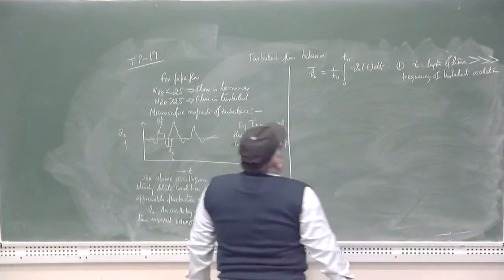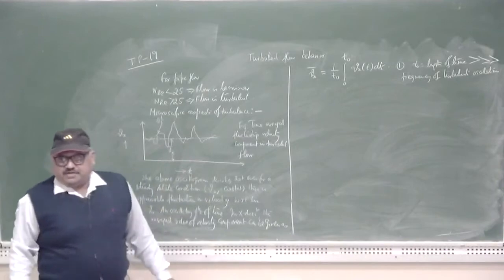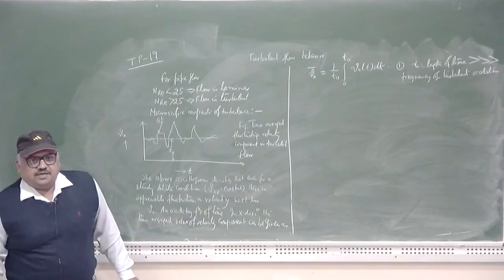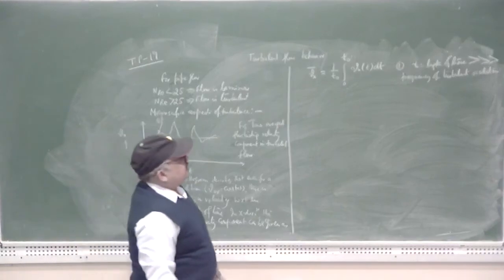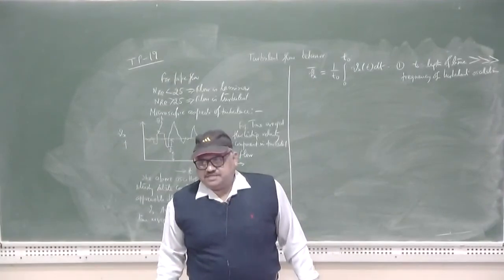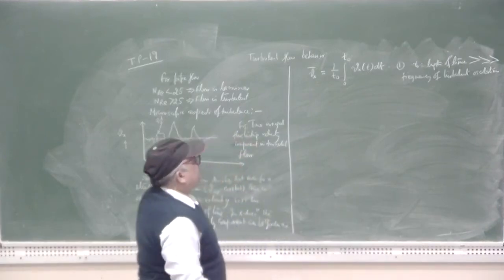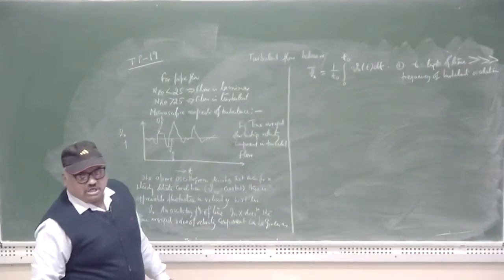So this is the representation. Equation 1 is nothing but the representation of the average velocity, that means the integration of Vx dt divided by T naught, integration over the limit 0 to T naught.